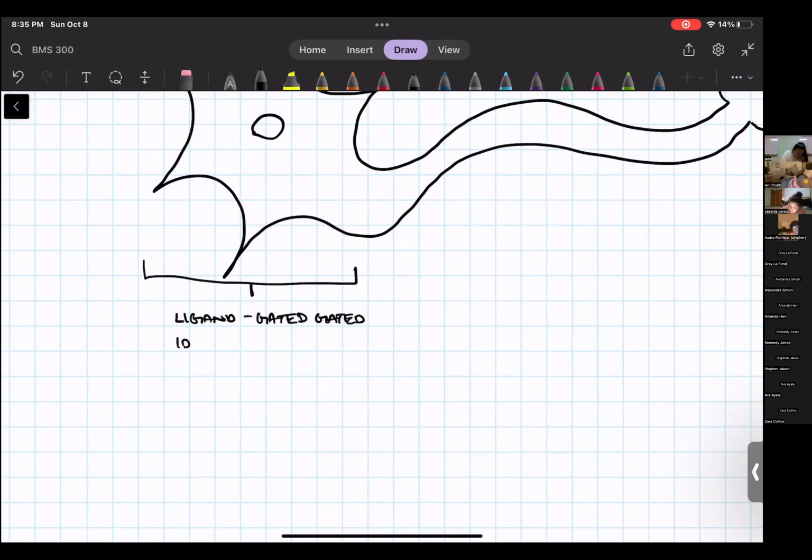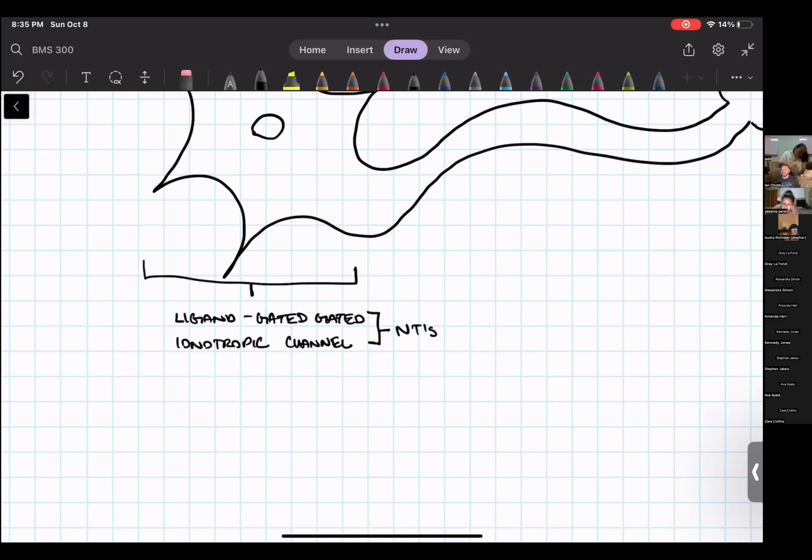Great question. Acetylcholine, could be. I should have been more general with my question. Neurotransmitters in general are the ligand we're thinking about. Let me change what I wrote there. Neurotransmitters are the ligand.